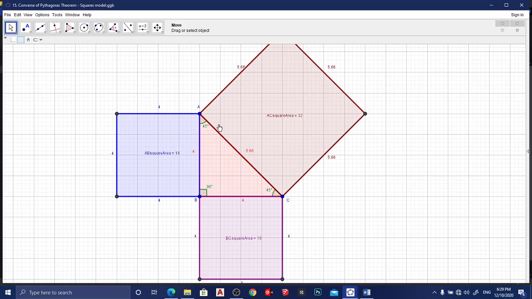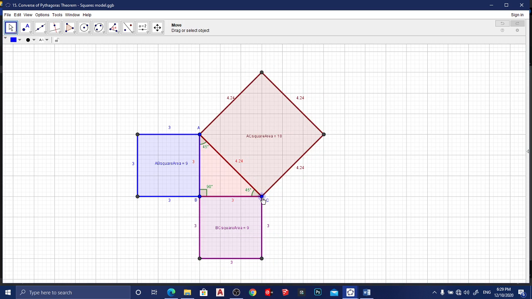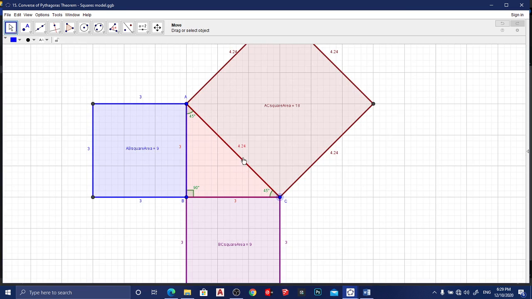Now I am changing the lengths of the sides of this triangle to observe another example. Here I am taking this as 3 centimeters, this as 3 centimeters, and this as 4.24 centimeters. The area of this square is 18 square centimeters, which is 4.24 whole square.